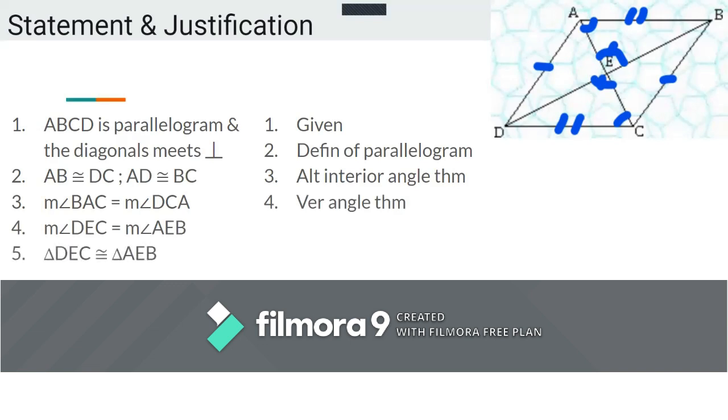For step 5, we have triangle DEC congruent to triangle AEB. Take a moment to think about that. Since we have all those together, what can we say?